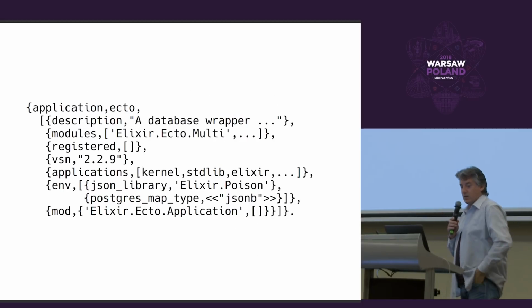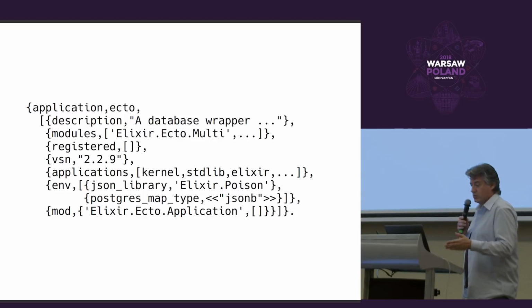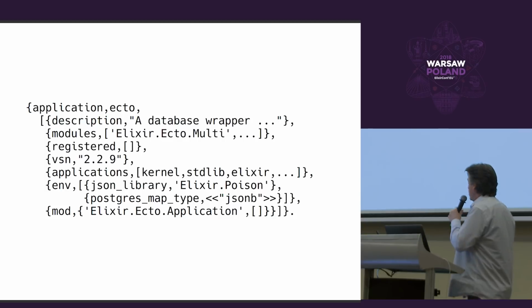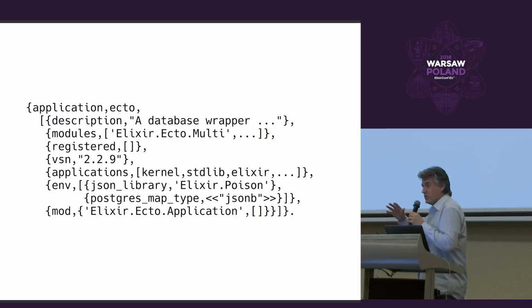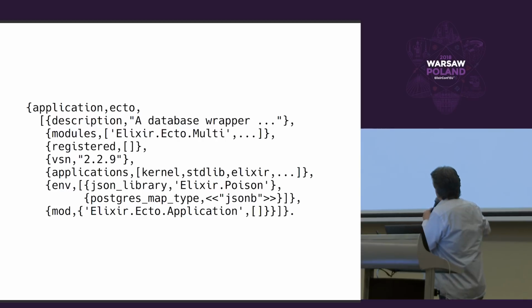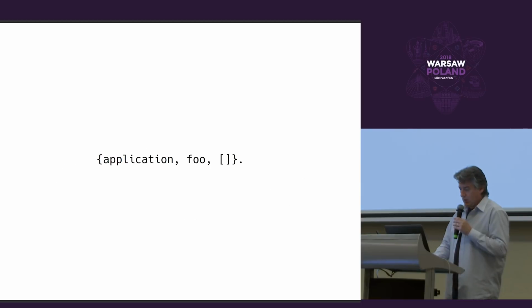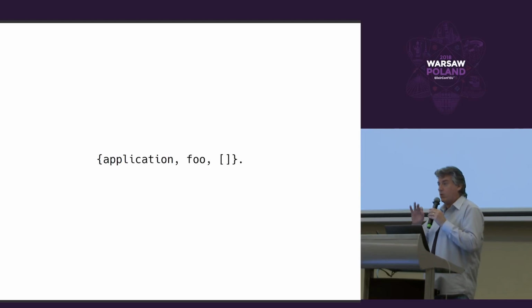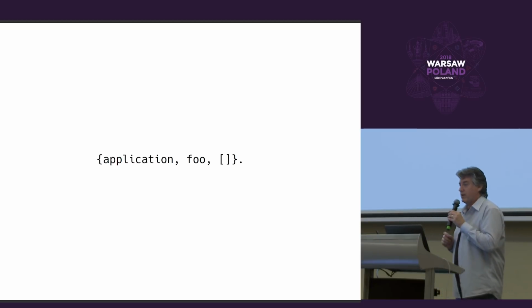This is the application resource file of Ecto, or a subset of it. So Ecto, as any library that you ship, conventional or idiomatic, ships as an OTP application and has a resource file. This is a subset of it. All of those keys are optional. All of them have default values. So this is the minimal resource file that you can have.